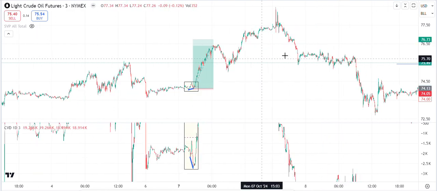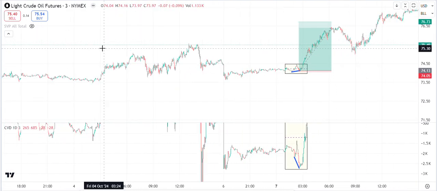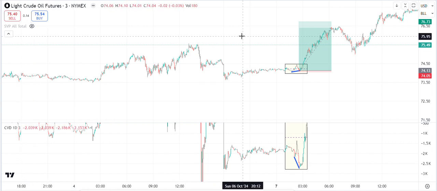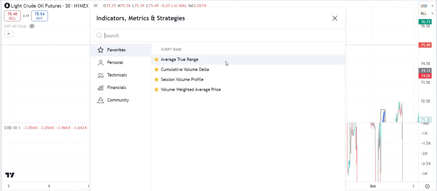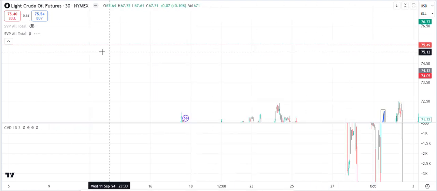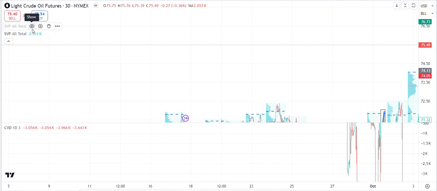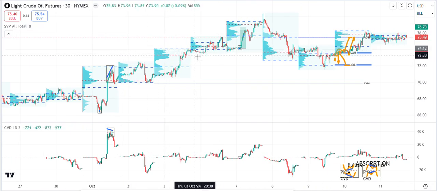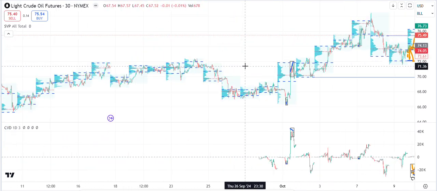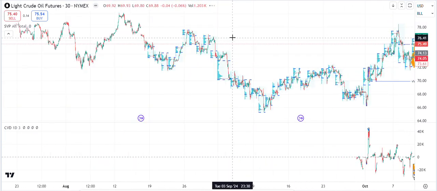volume profiles. So if I open up my volume profile chart, let me actually just add it. Volume profile, this one's hidden. Oh, I had it on already. Okay, cool. And we are looking at this day. Oh, there's no other data.